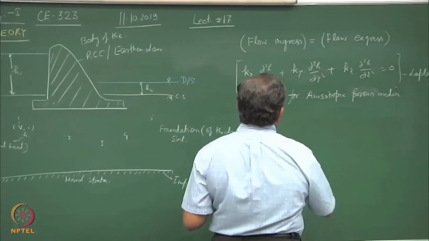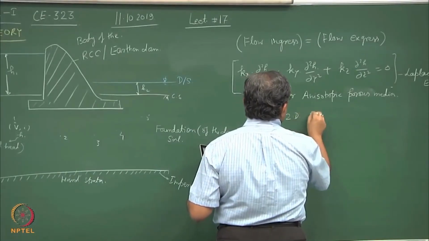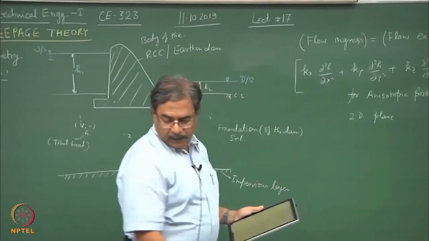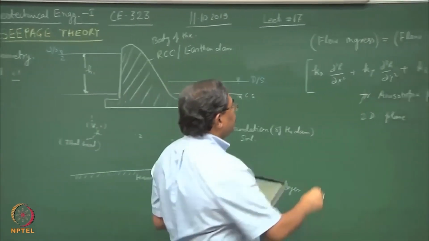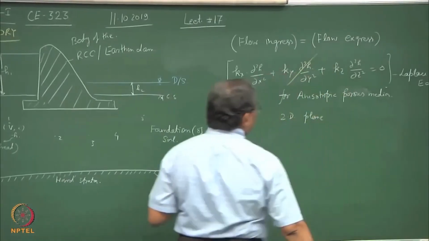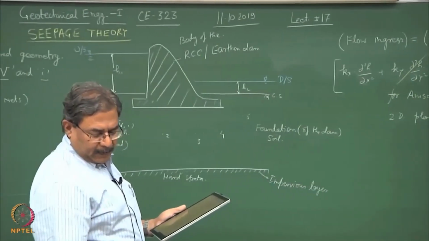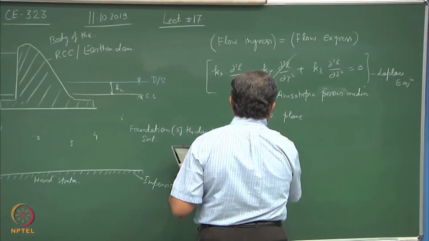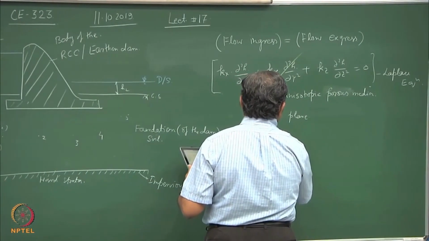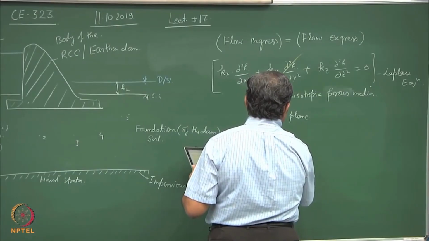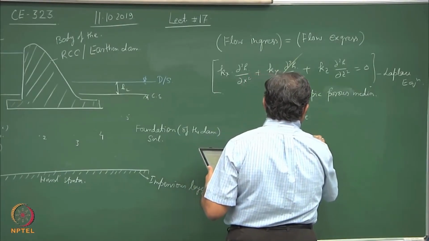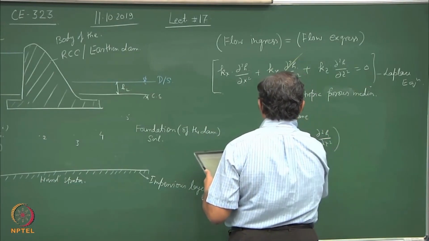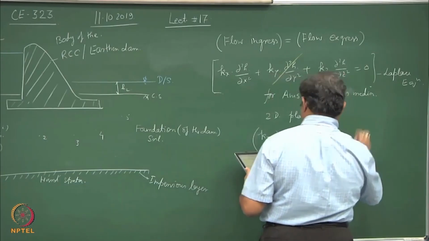If I am talking about a two-dimensional plane, y can be eliminated, or we can assume this to be 0, and hence we have k x del square h upon del x square plus k z del square h upon del z square equal to 0.